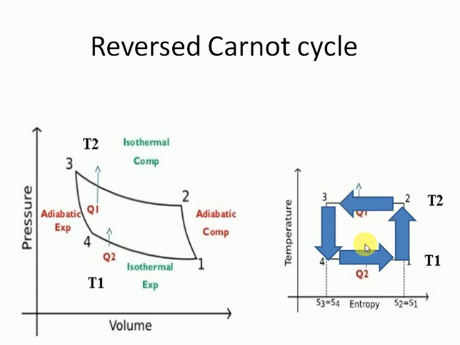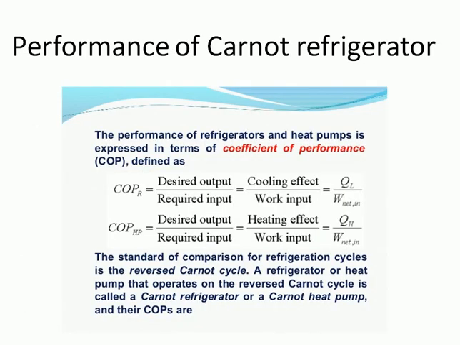So in the refrigerator, the net effect is how much heat is taken out from the room, and in the case of a heat pump, how much heat is thrown into the room so that the room temperature will be higher than the atmosphere. This is the difference between refrigerator and heat pump. On the same ground, the coefficient of performance of a heat pump is the desired output divided by required input.